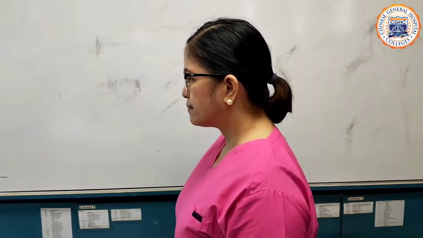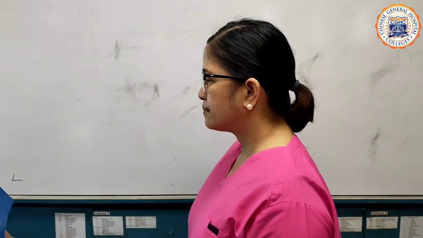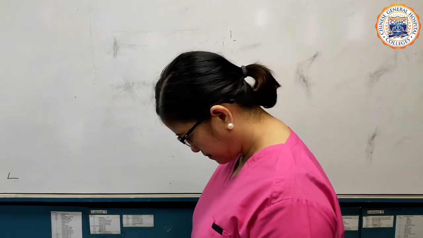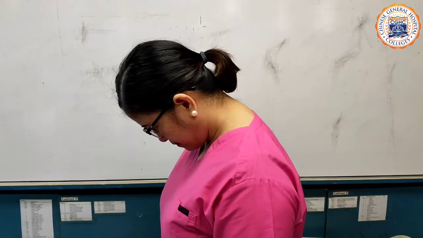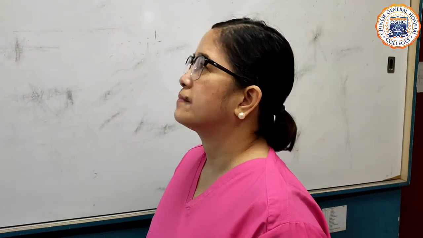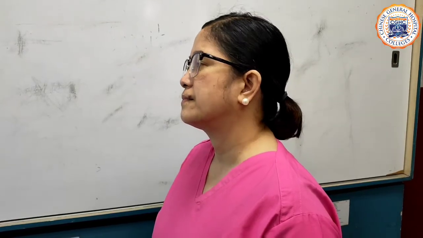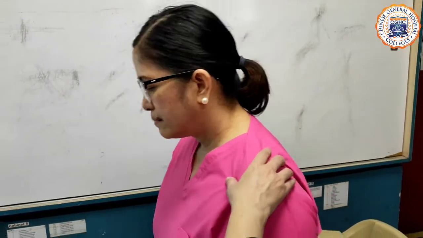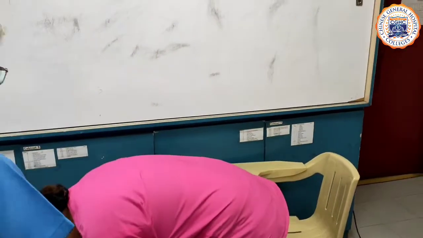Test ROM of the cervical spine. Test ROM of the thoracic and lumbar spine. Okay, flex. Taas. Babaan for extend. Tapos, yung tenga nyo, i-touch nyo dito sa may shoulder. Okay? Sa kabila. Okay. So, paki-bend lang po. Okay? Bend na. Bend. Okay.